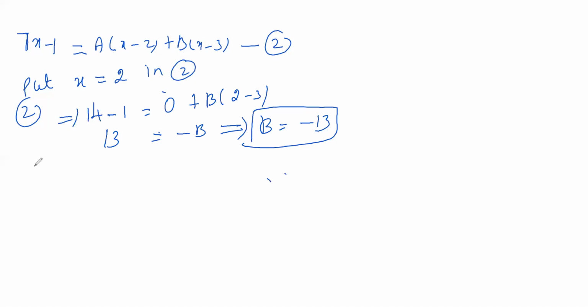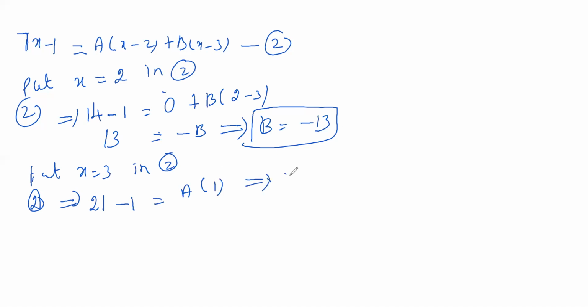And similarly, coming to the next, put x is equal to 3 in 2. So equation 2 becomes, by substituting x is equal to 3, 7 threes are 21. Right? 21 minus 1 is equal to a into 3 minus 2 is 1, and b into 3 minus 3 is 0. Right?